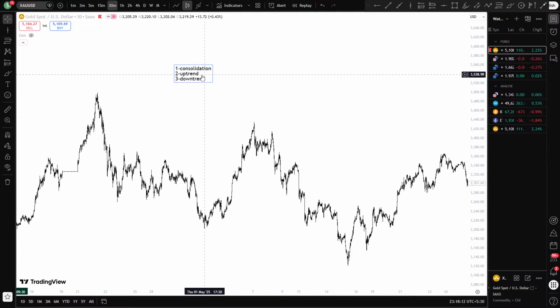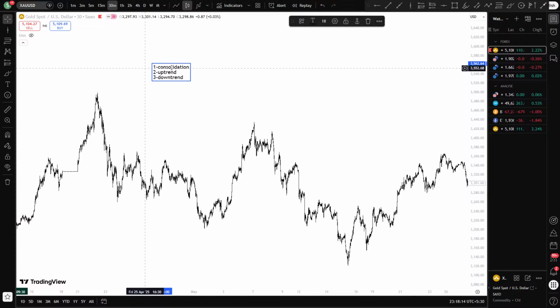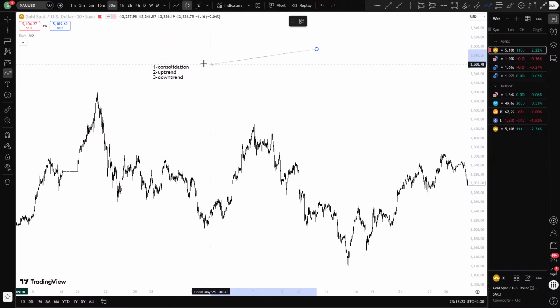So you can either find the market in uptrend, downtrend, or consolidation. It depends where the market is, but the market is always in one of these.